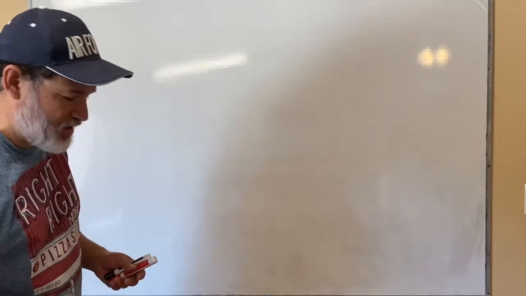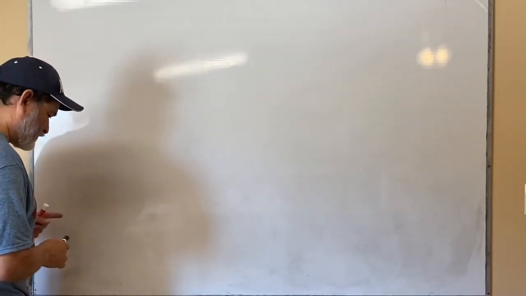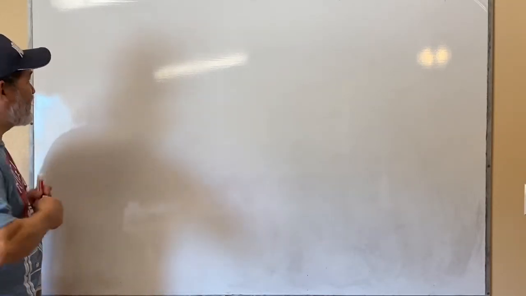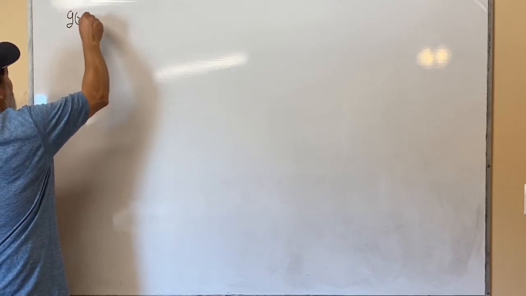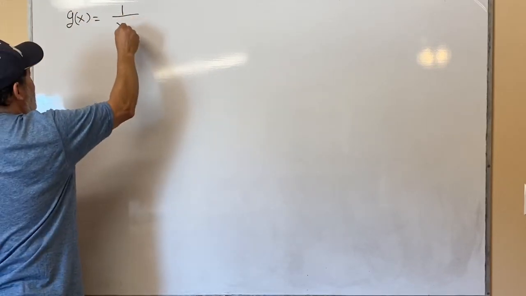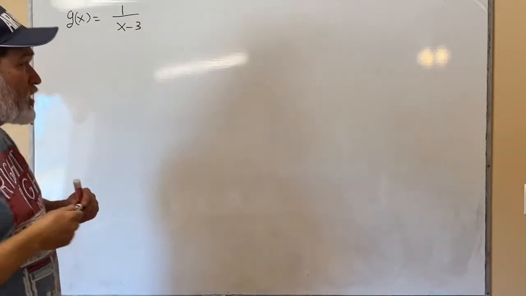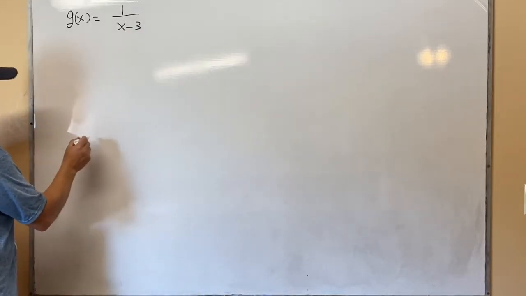Okay, watch this, guys. I think I just gave you an example, I think I called it g of x. g of x equals 1 over x minus 3. We can graph this.